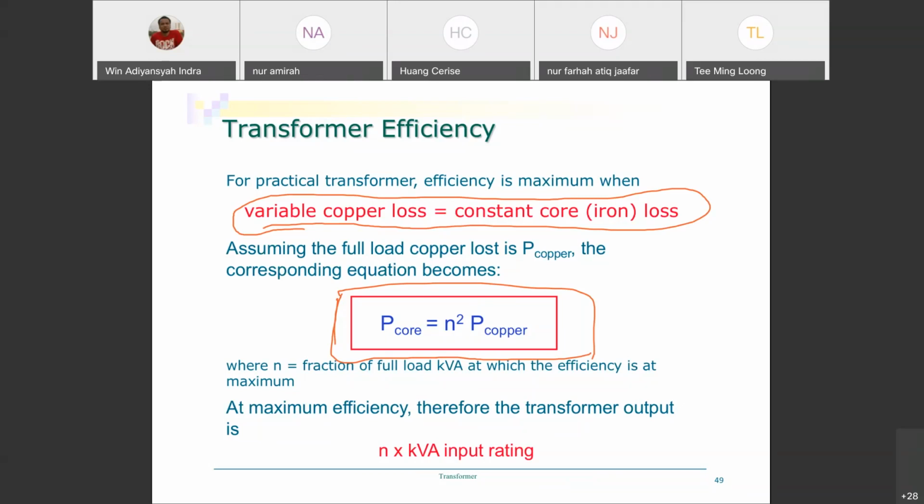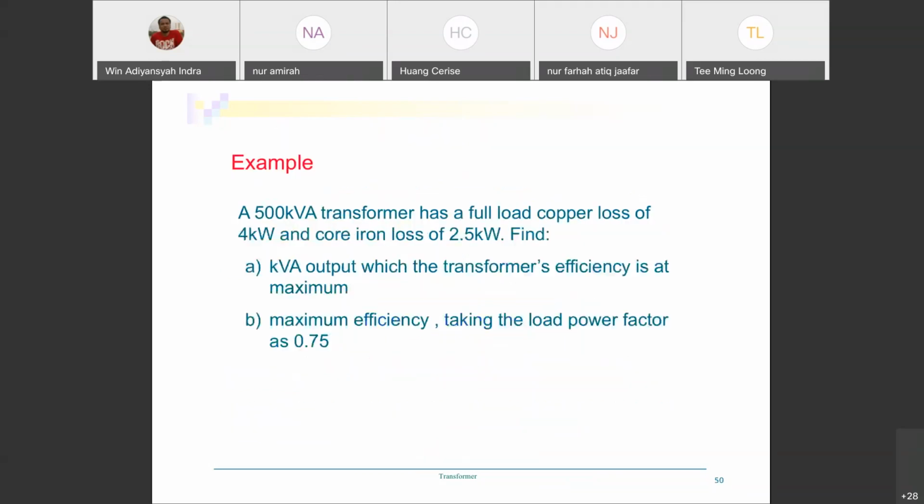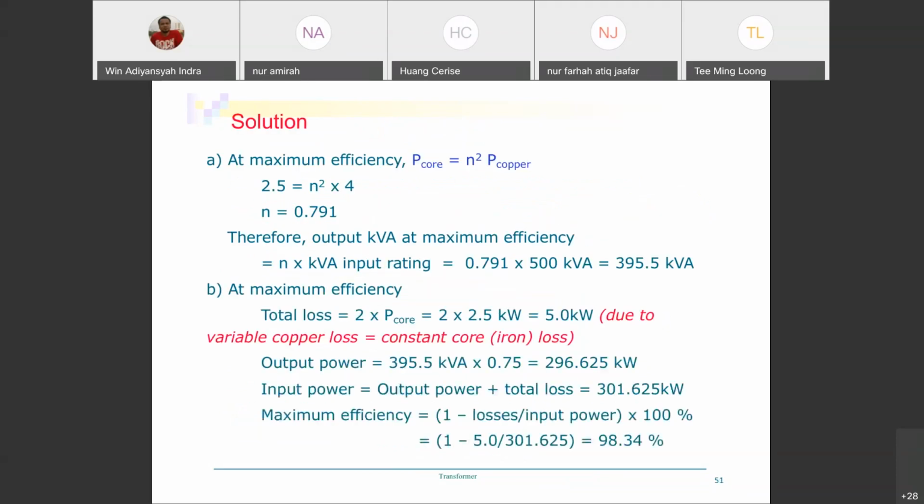So this question, let me show you the solution. This is the condition of maximum efficiency. P core is given, 2.5 kW.